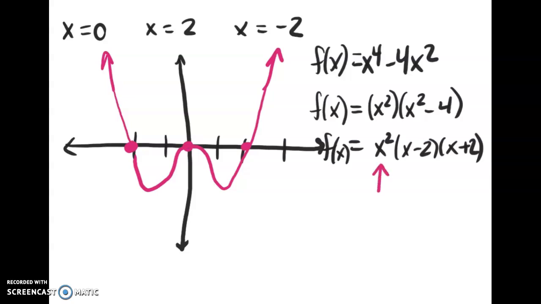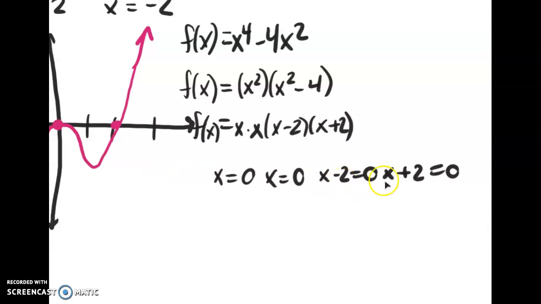This one has what's called an even multiplicity, because really I could write the factored form like this. There are going to be 2 x's that would be set equal to 0, and then these 2 are only set equal to 0 once. So we have kind of a double root here.